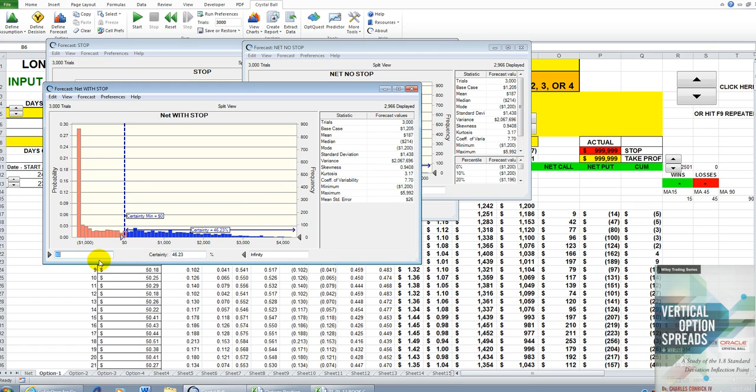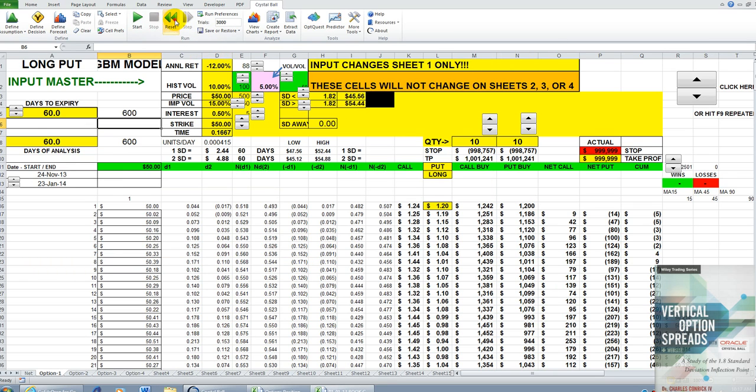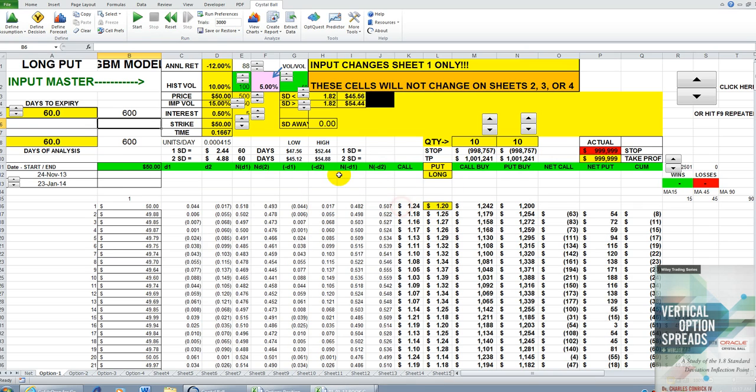And sure enough, from 0, our chances have gone all the way up to 46%, just like they were with the call. That is simply because we changed that assumption. Just by putting numbers into Crystal Ball and playing with them, you can pretty much make whatever you want happen, which is one of the reasons I like to run this with what does it look like if what I said does or does not happen.